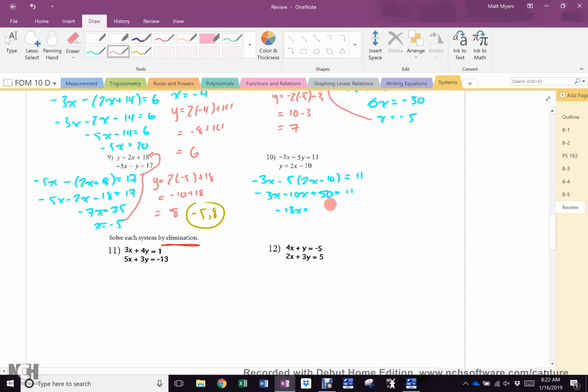So x is positive 3. That goes right in there. That should have changed to pink. I hate it when that doesn't work. Y equals 2 times 3 minus 10. 6 minus 10, negative 4. And your final answer is 3, negative 4. Of course, you only need to check this one. That's negative 9 plus 20 is 11, so we did it right.